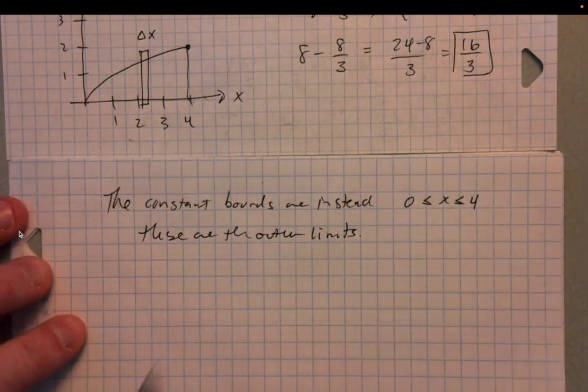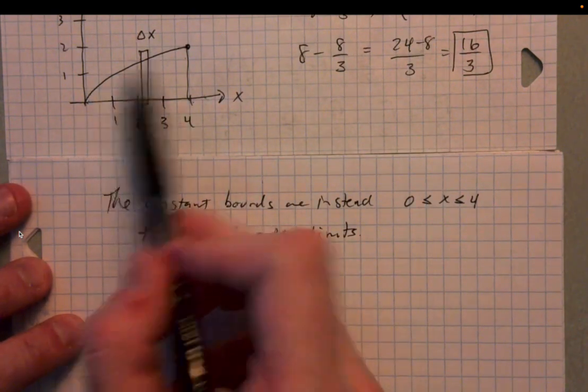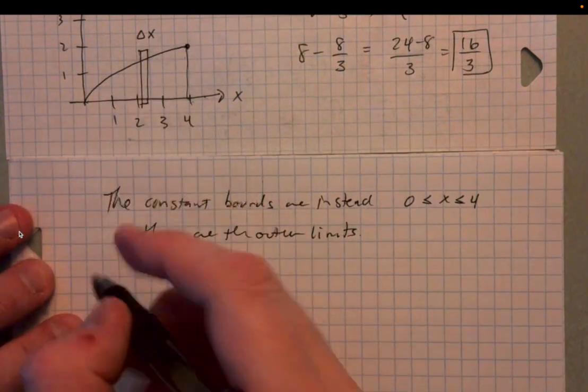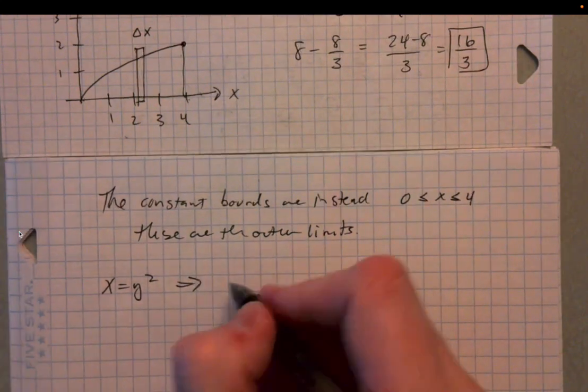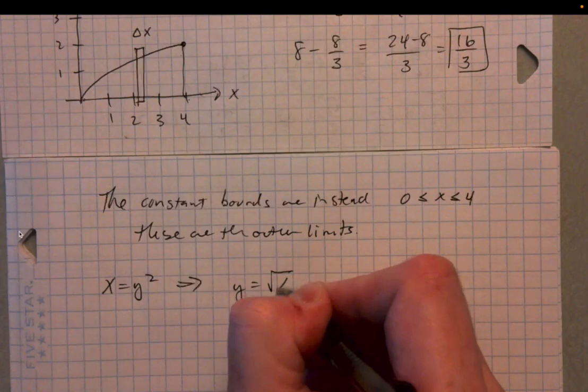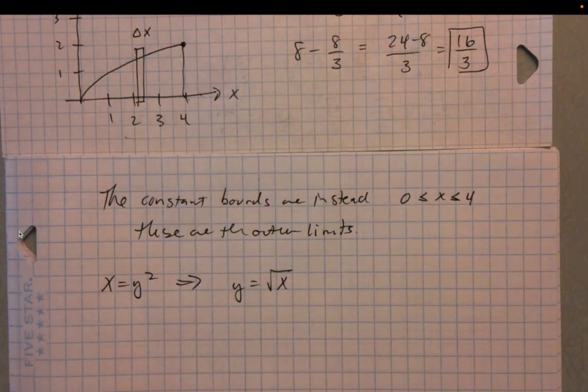Well, right now we've been thinking of this as x equals y squared. So when we solve for y, we instead have y equals the square root of x. So y equals the square root of x is going to give us the inner bounds.